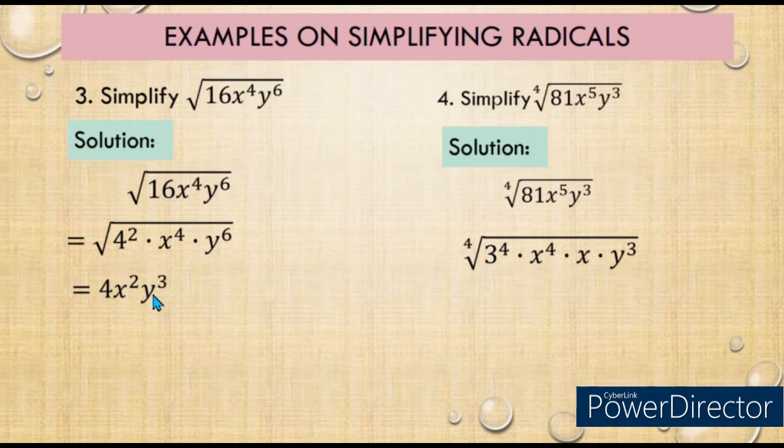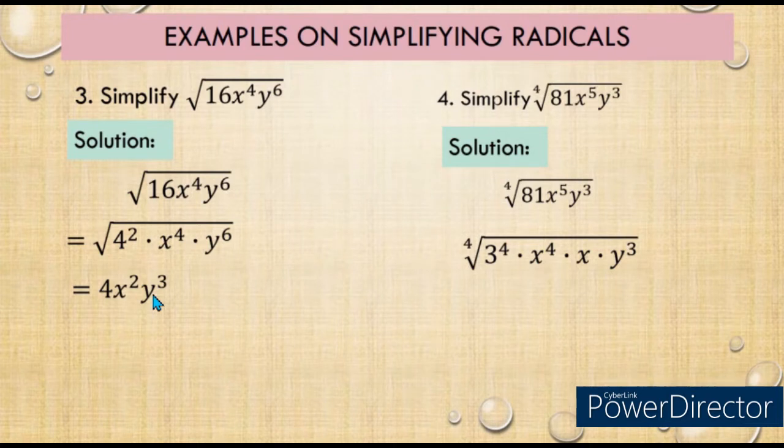So if you multiply 4 times yung 3, magiging ang sagot po kasi dyan ay 81, kaya 3 raised to 4. And then, we need to factor x raised to 5 as x raised to 4 times x.